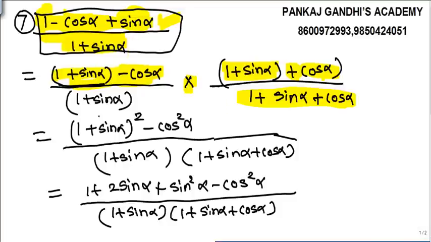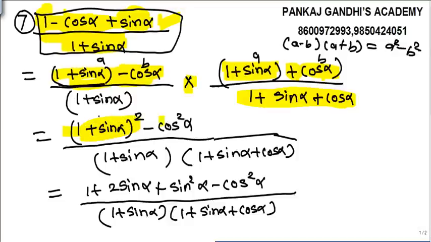As we know, a minus b times a plus b is equal to what? A square minus b square. So this 1 plus sin alpha is the a term and this cos alpha is the b term. So a square means (1 plus sin alpha) square minus cos square alpha, divided by the denominator as it is.